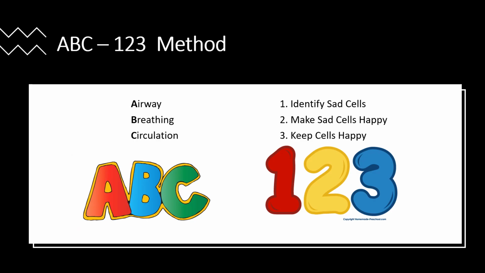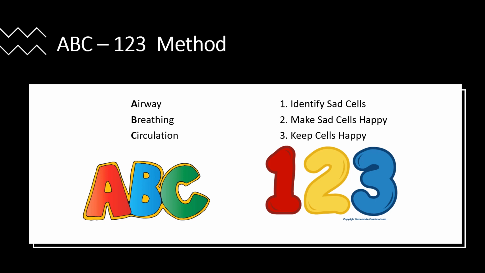Okay, so we get the idea that there are cells that are happy and cells that are sad, but how do we apply this? So this ABC 1-2-3 method is a very basic and easy idea, but we can apply it to really any patient care situation. We're all familiar with the ABCs: airway, breathing, circulation, and this still applies to the same concept of sad cell, happy cell.